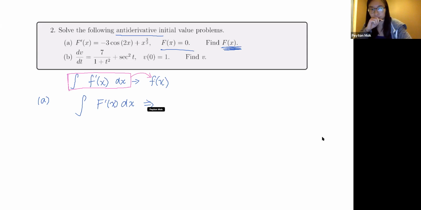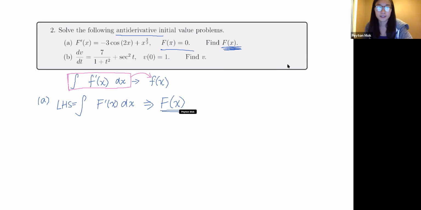Does anyone know? You get back your f of x. So this is integrating just the left-hand side, and you're expecting to have something like this on the left-hand side.